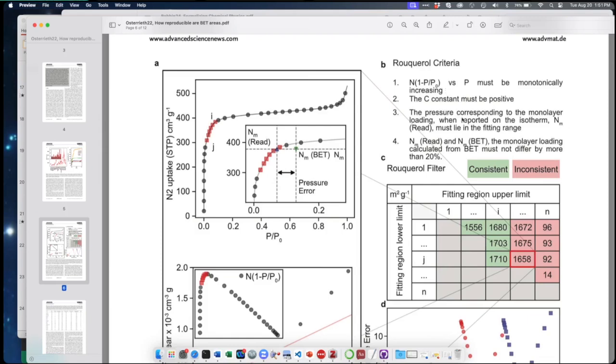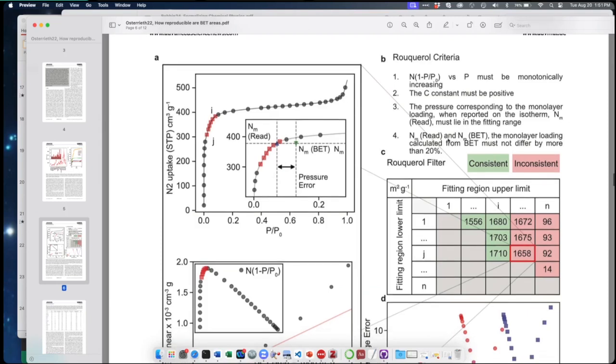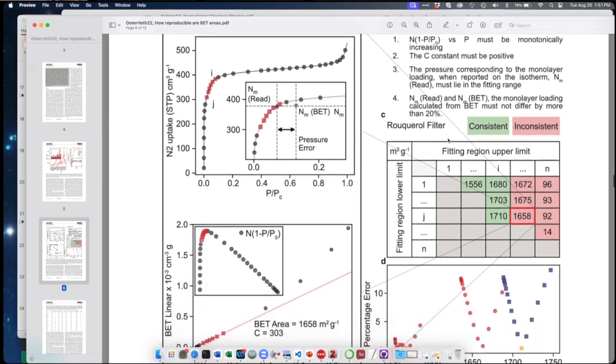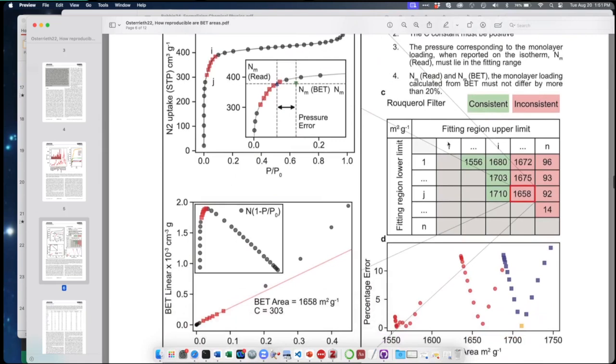You also have these other conditions. And so the idea is you have your data points 1 to n, and if you include different sliding windows of this, you will get different BET areas.